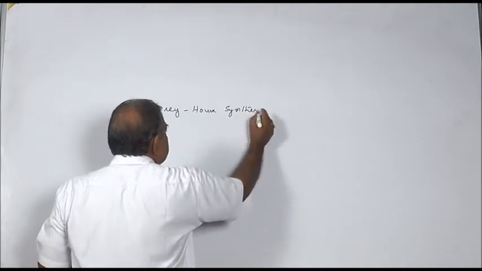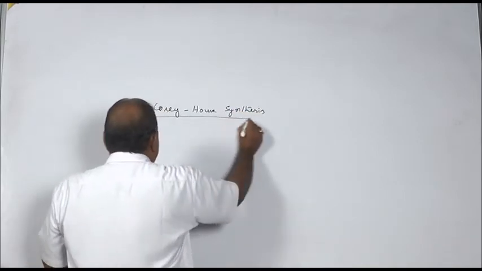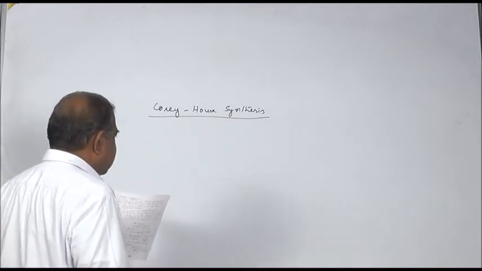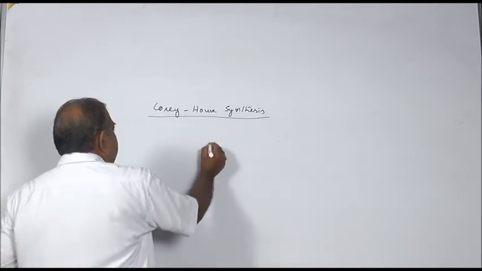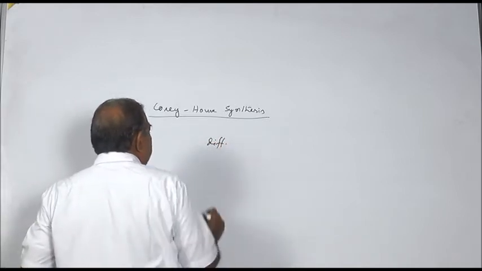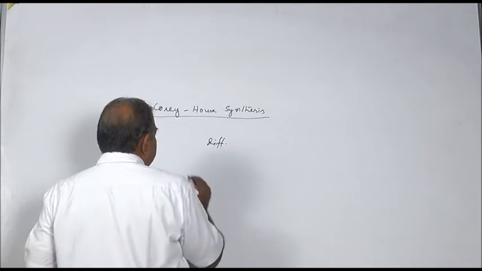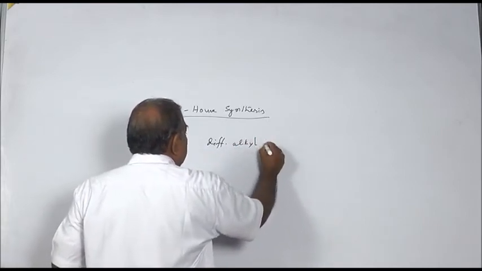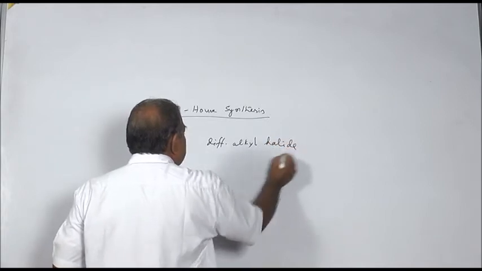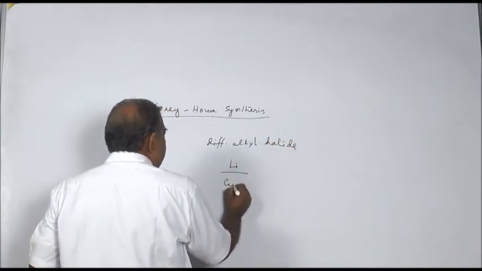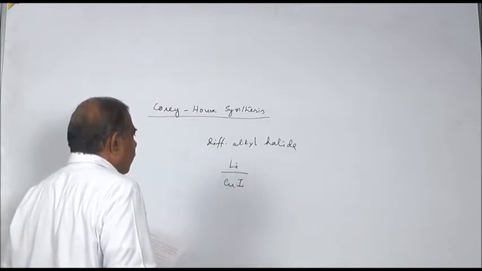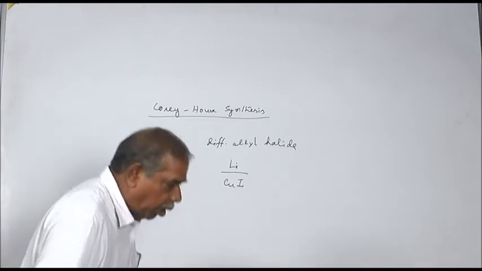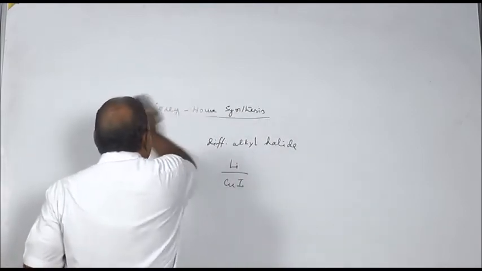During this process, two different alkyl halides are used. In Wurtz reaction, we take the same alkyl halide, but here two different alkyl halides couple in the presence of metallic lithium and cuprous iodide and form an alkane having an odd number of carbons, or what we call an unsymmetrical alkane.